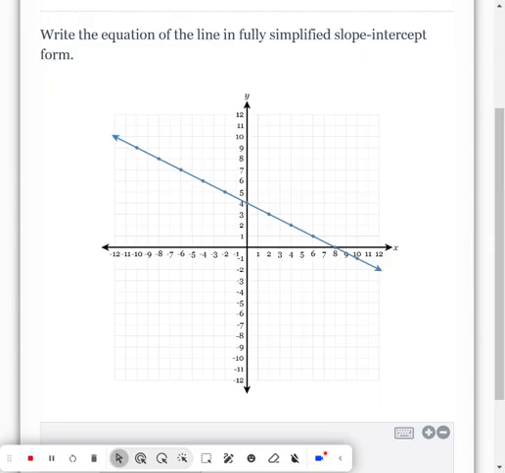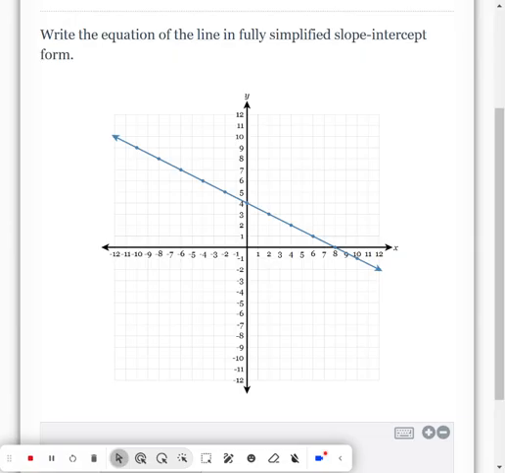That's where my b value goes. But then I have to analyze the slope. This one is a negative slope. It goes down as x gets bigger. And I've got this point over here, the point 2 in the x, 3 in the y. So x increased by 2, y decreased by 1.